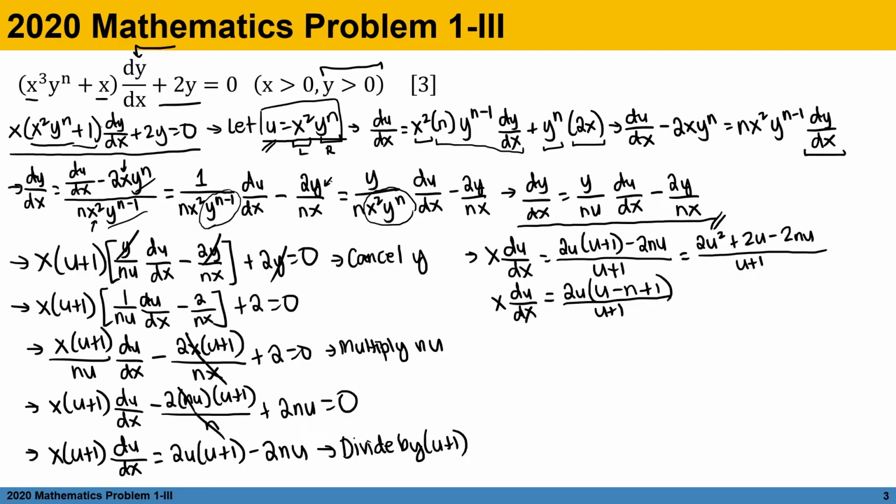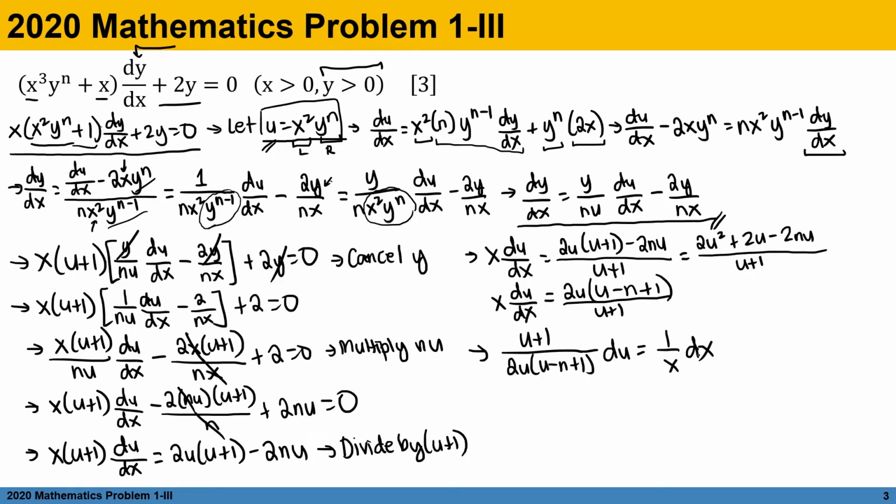Now, we can combine all the variables in u on one side and all the variables in x on the other side. So we will have in this expression (u plus 1) all over 2u(u minus n plus 1) du is equal to 1 over x dx.